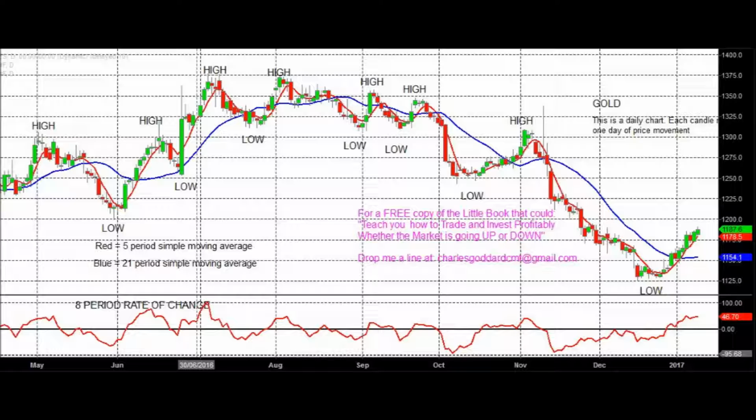And then as gold sinks, once you've got 10 or 15%, let's say 10% profit on your trade, you're going to take half your trade off the table, and you're going to move your stop from that high point to where you entered the trade.